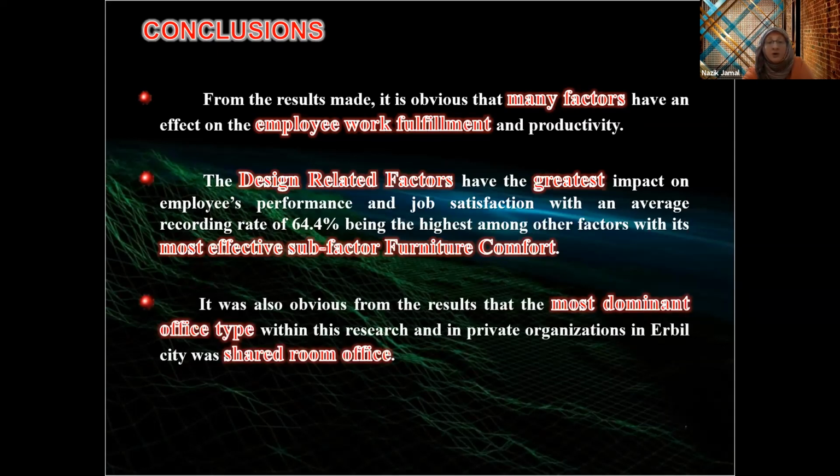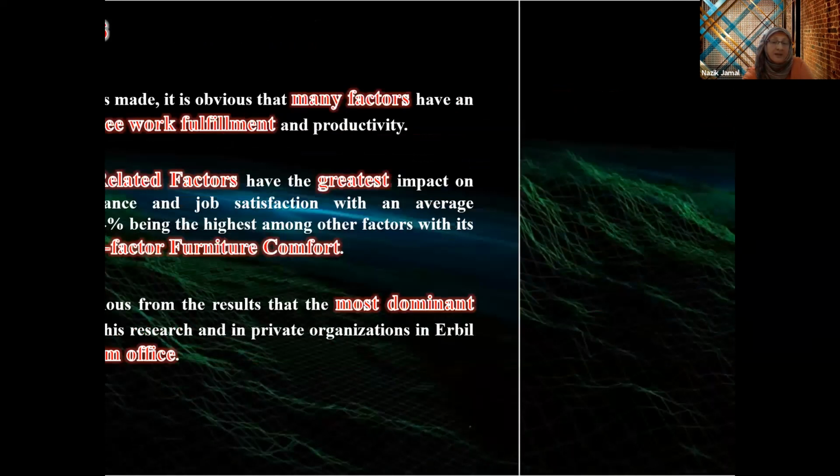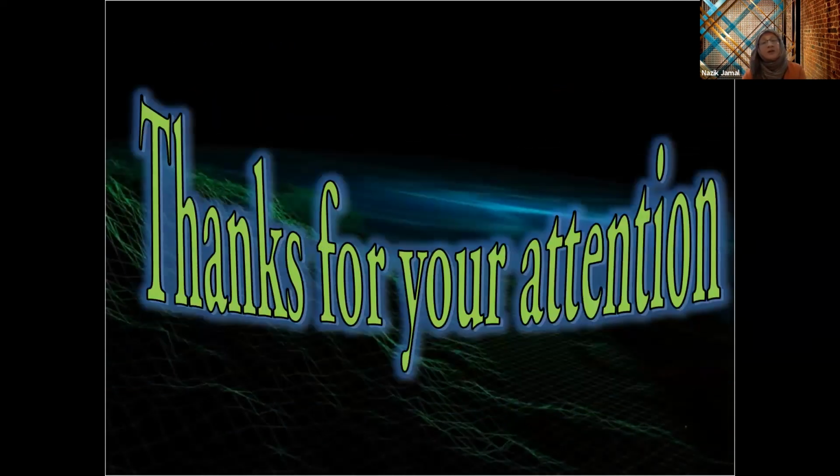It was also obvious from the results that the most dominant office type within this research, in private organizations in Erbil city, was the shared room office. Thanks for your attention. If you have any questions, I will answer with pleasure.